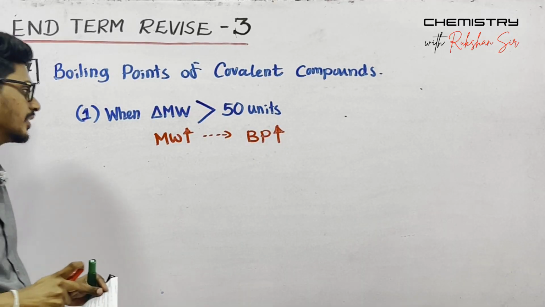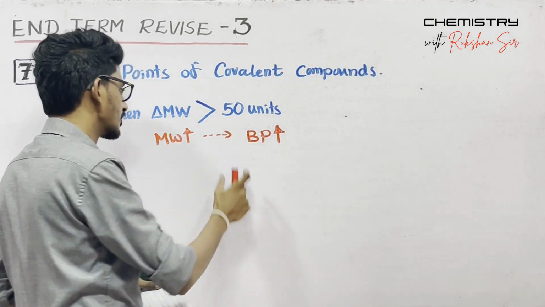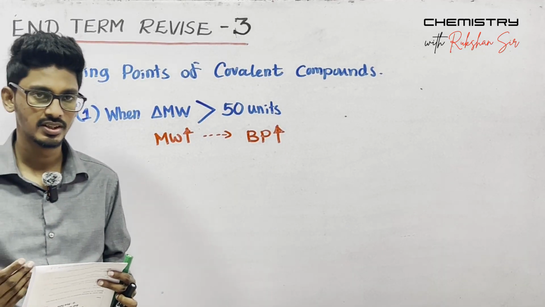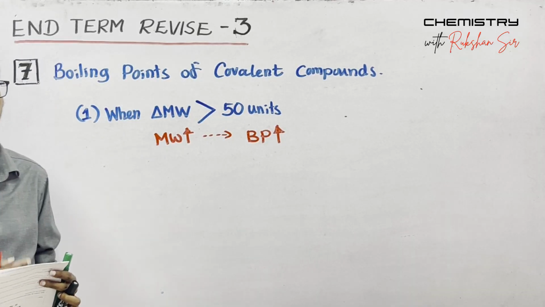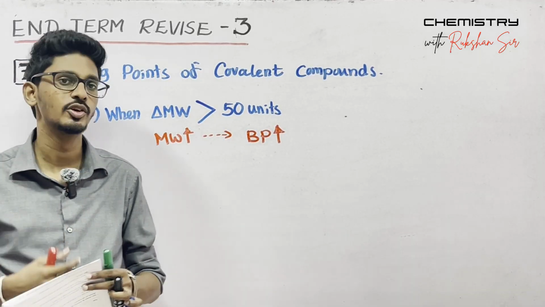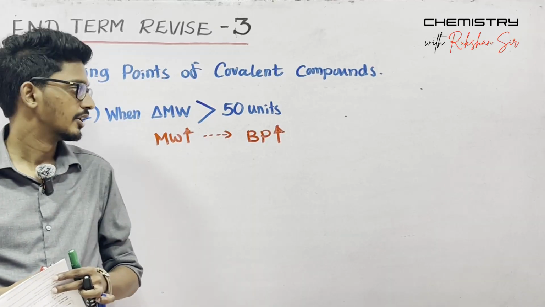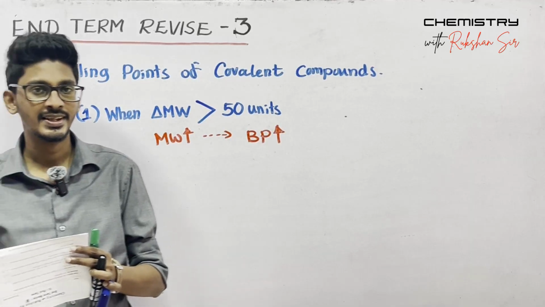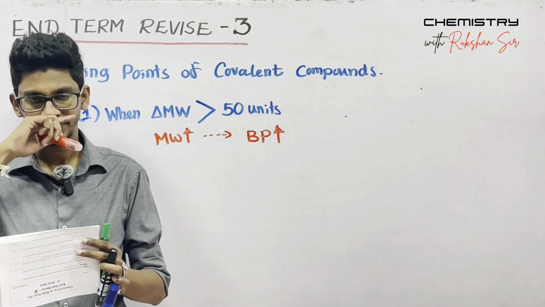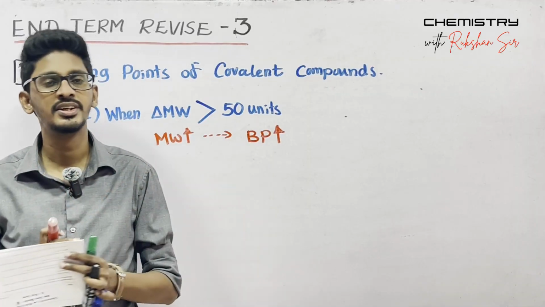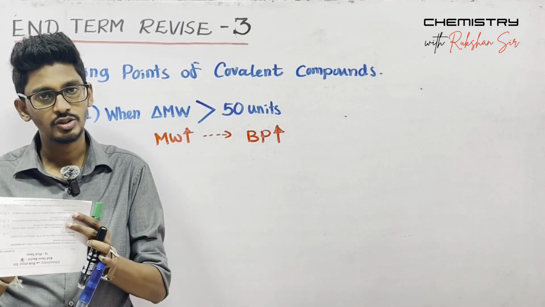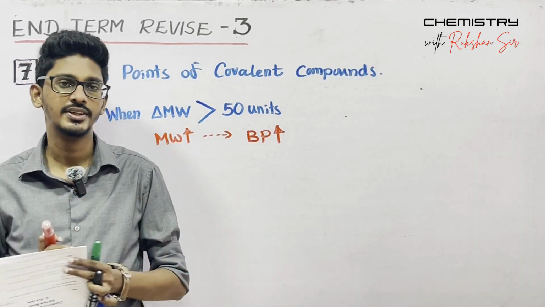That is due to the restriction of thermal motions. When you are very heavy, it is very hard for your particles to move. Boiling means you convert a liquid to a gas.